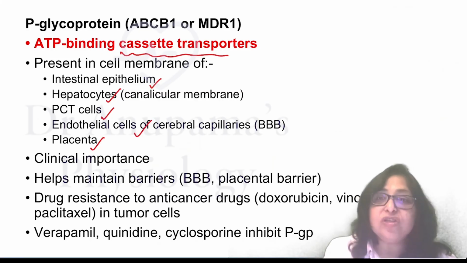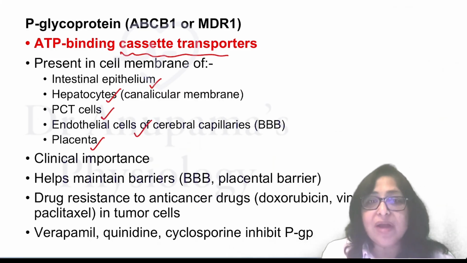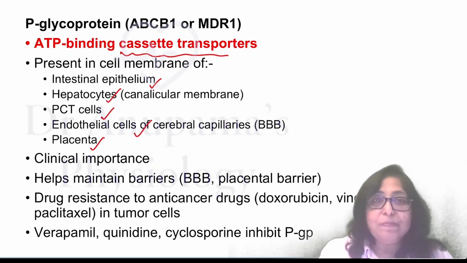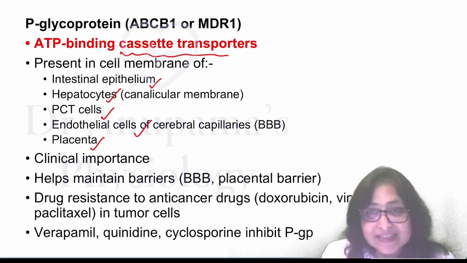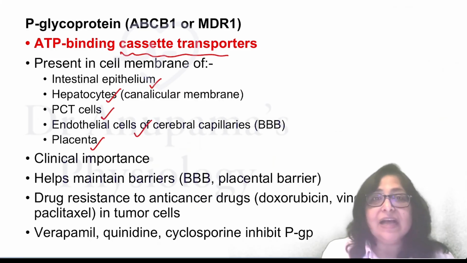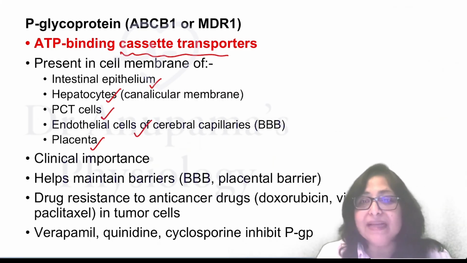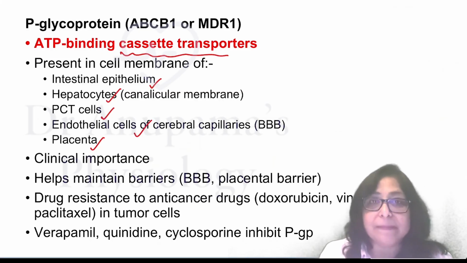Then drugs such as verapamil, quinidine, cyclosporin, they inhibit the P-glycoprotein. So they affect the pharmacokinetics of other drugs. So P-glycoprotein becomes important as far as pharmacology and pharmacokinetics is concerned. This is an ATP binding cassette transporter.